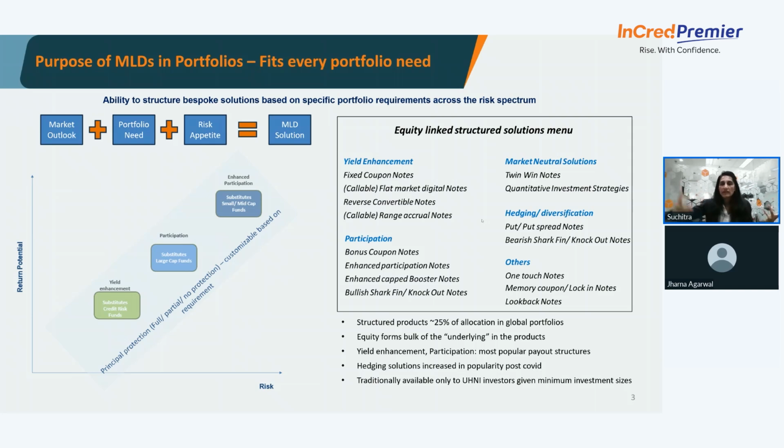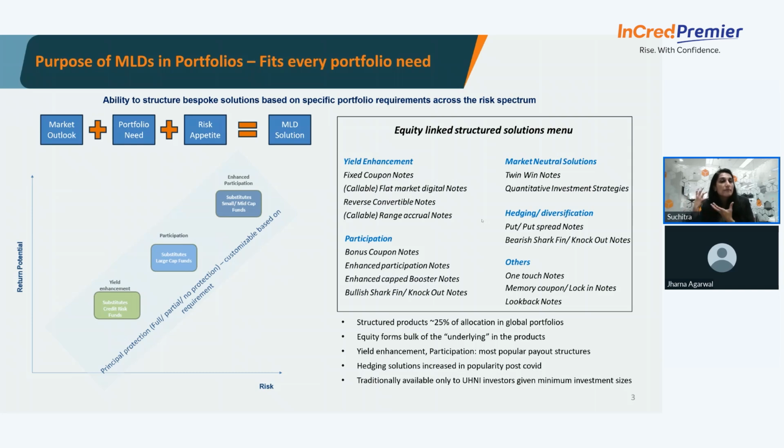I need regular, periodic income, or I don't need the regular income, but I want to participate in the growth of Nifty. Whatever your portfolio needs, and based on your risk appetite, we combine these three and we create a solution. That's classic portfolio management, where you look at your market outlook, what your portfolio needs, and your risk appetite, combine the three, and you have a solution.